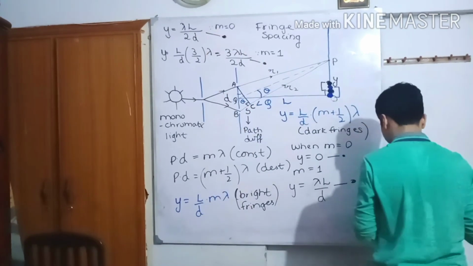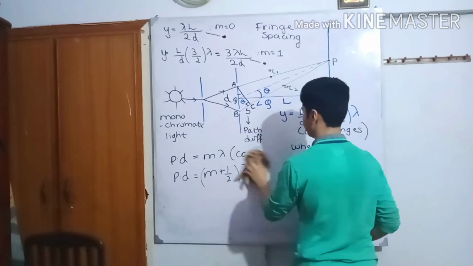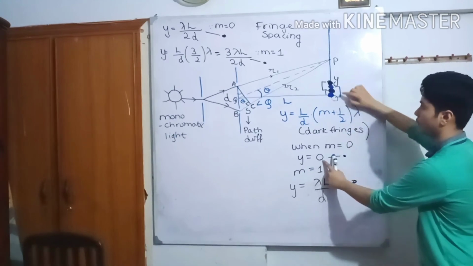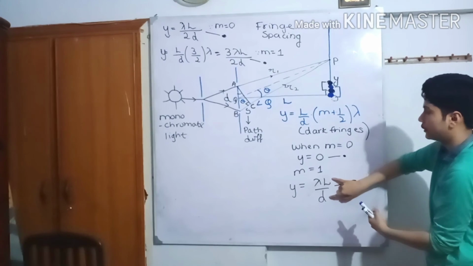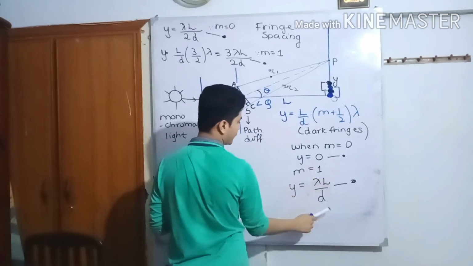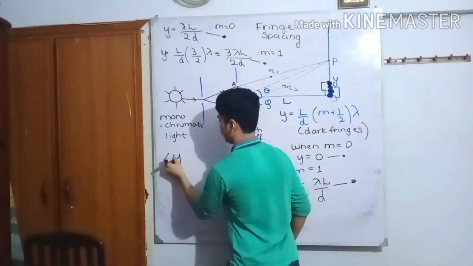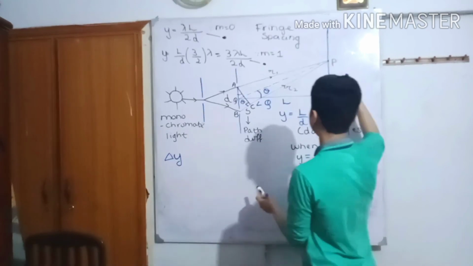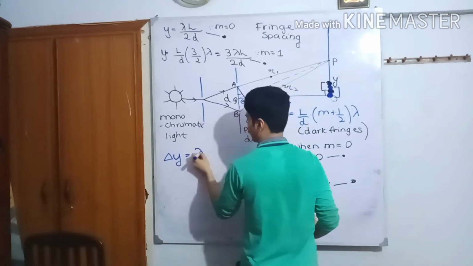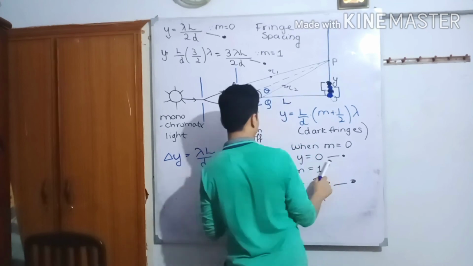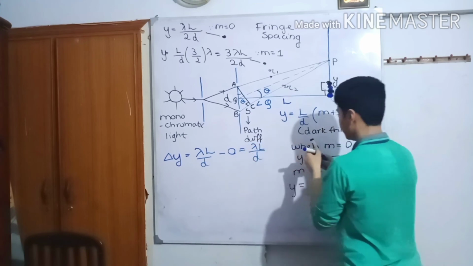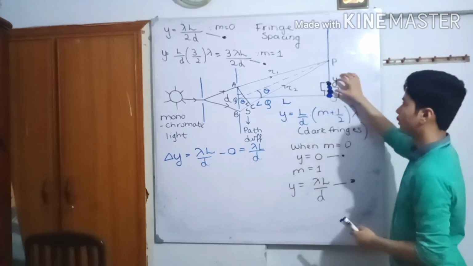Now, this is the first bright fringe when y is equal to 0, and this is the second bright fringe when y is equal to lambda L upon D. So to find the distance between them, I just subtract 0 from lambda L over D. Delta y represents the distance between two bright fringes: lambda L over D minus 0 equals lambda L over D. So this is the fringe spacing.